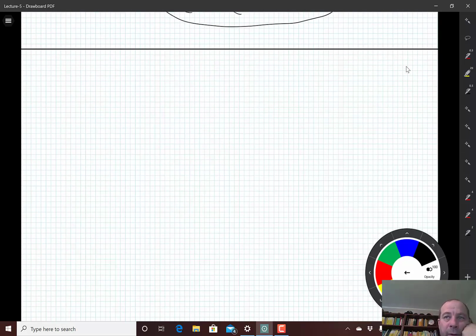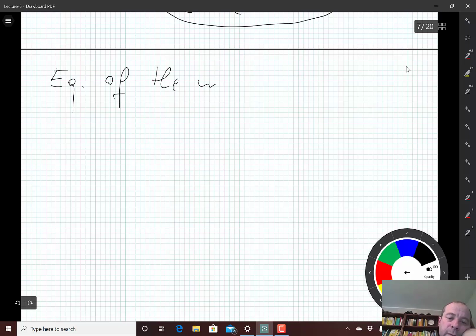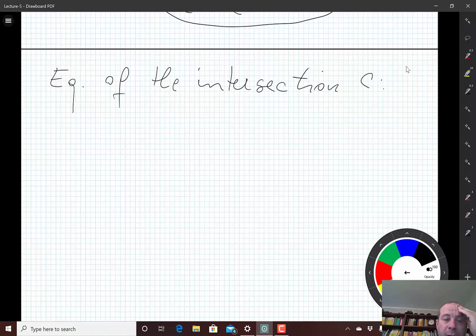So the equation of the intersection C is now given this way: x is equal to cosine t, y is equal to sine t, and z we said was equal to 2 minus sine t.